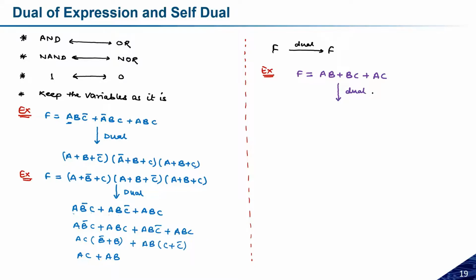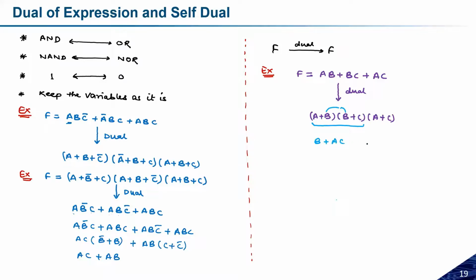If I find the dual of this one, I will get a plus b into b plus c into a plus c. And if we see closely here, in these first two terms, a plus b, b plus c, b and b are common in both, so I can write it as b plus ac.